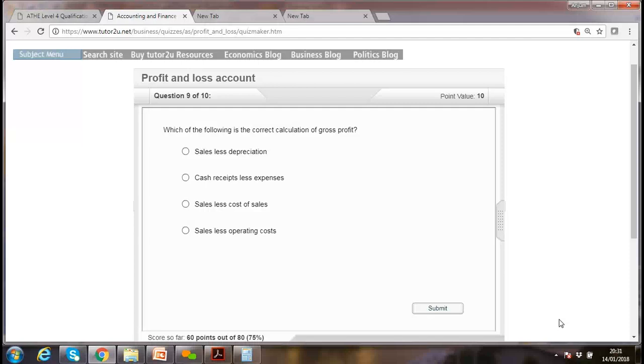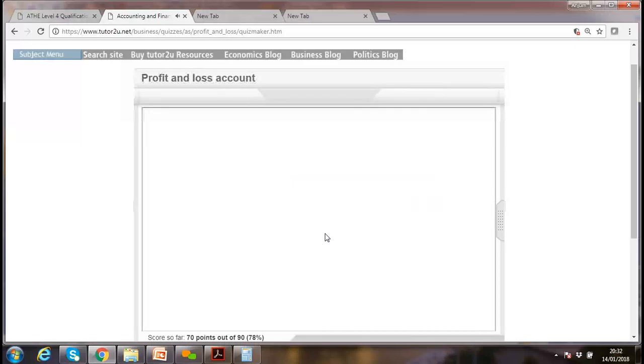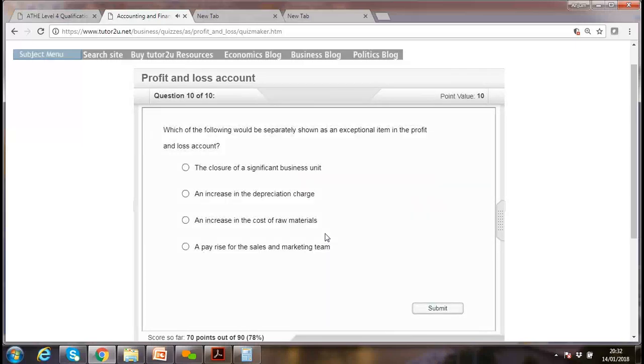I don't know. Okay, the formula is sales less cost of sales equals gross profit. So sales less cost of sales is a given, yes? I'll give you formulas next lesson, on a separate sheet for it.